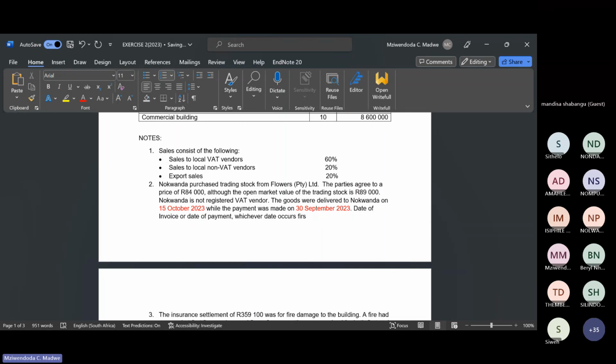So the earlier of the 2 in terms of your general rule is going to be your time of supply.